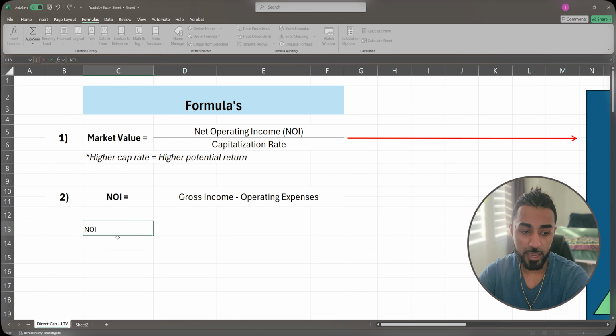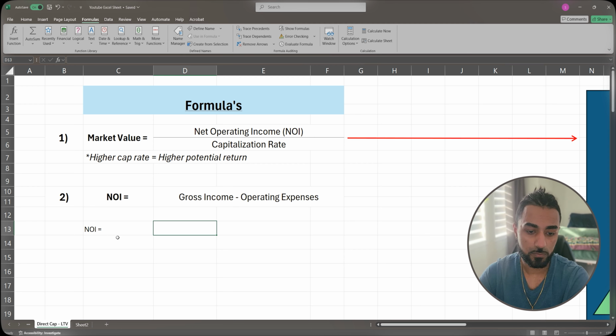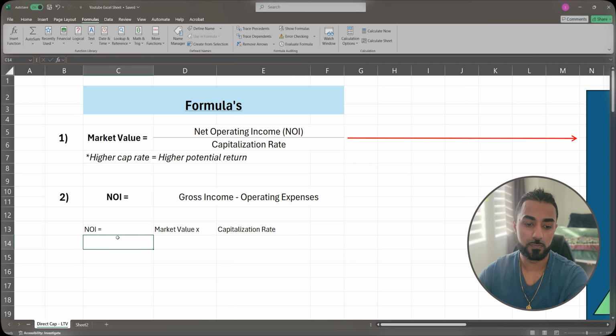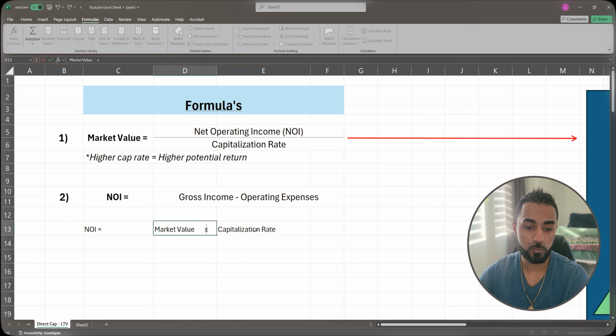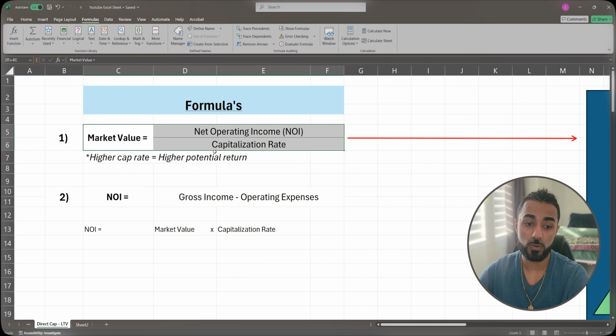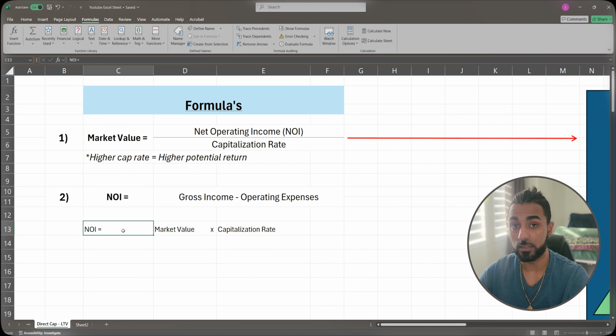So I can do NOI equals market value times capitalization rate, right? That is essentially the formula that we're looking at. It's the same thing. We just rearrange this around, and now we can find an operating income.